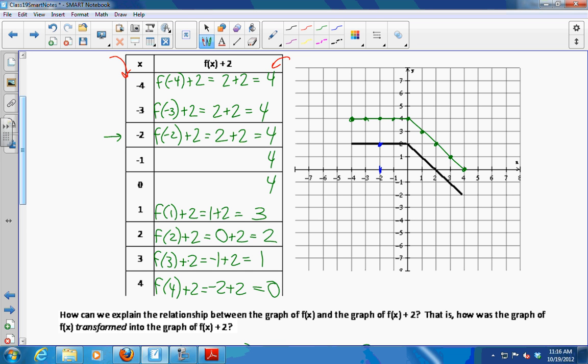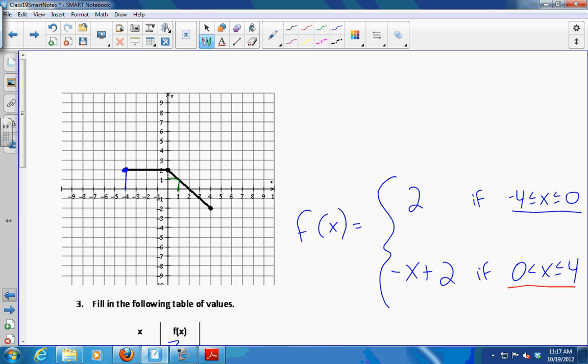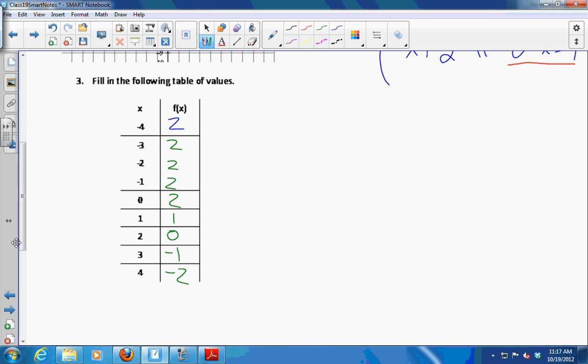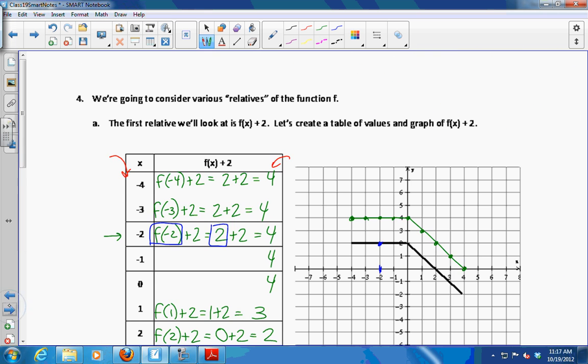So f of -2 equals 2. So I replaced that f of -2 with a 2, because those are equal. Or you can refer back to this table. That's why I had you make this whole table first.